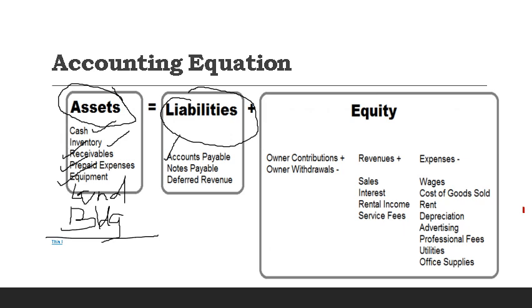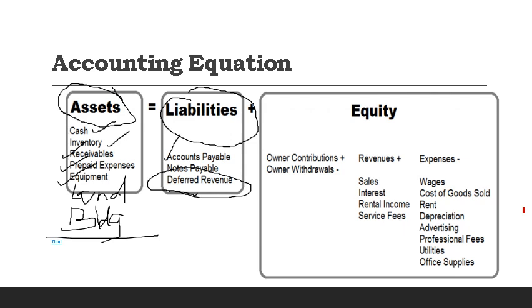Therefore, you need notes or cash to pay for it. So that is notes payable. And deferred revenues. By the word alone, deferred, it has to be collected. Deferred revenues. All right.